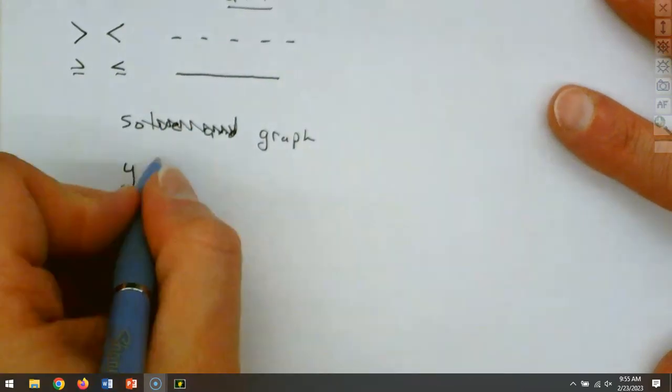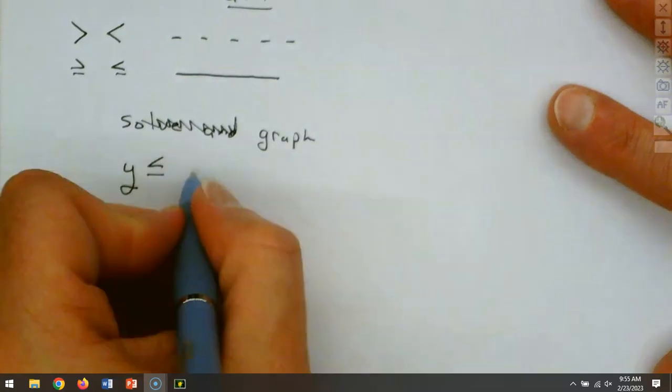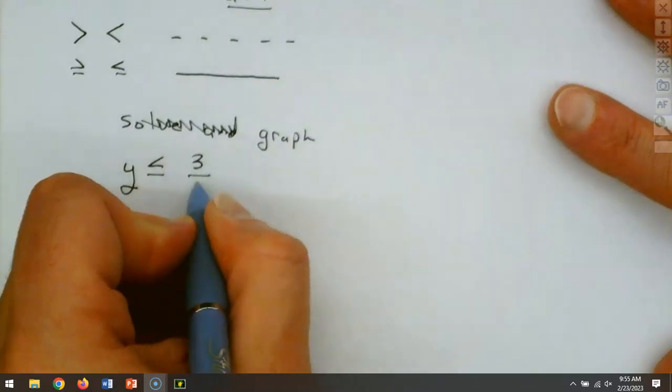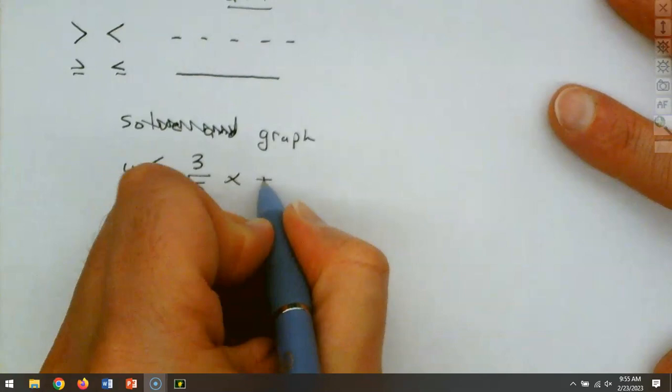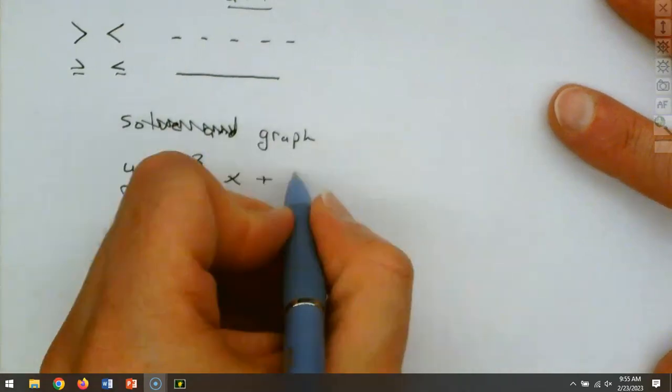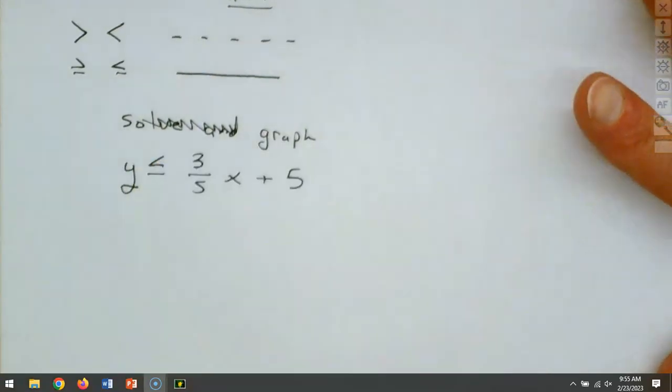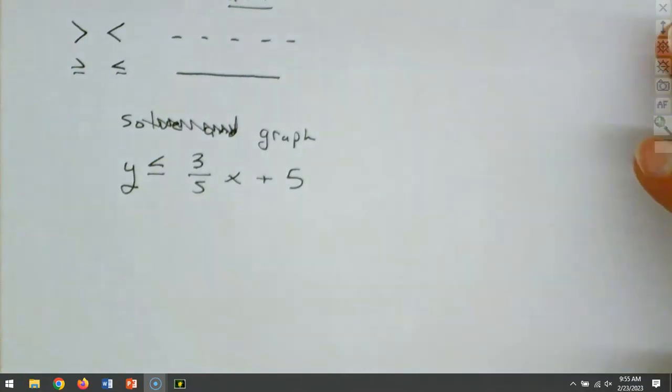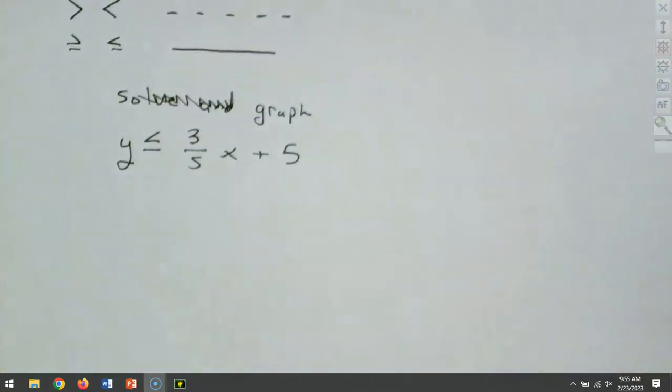How about y is less than or equal to 3/5 x plus 5. Now what we do is we graph it just like it was an equals.